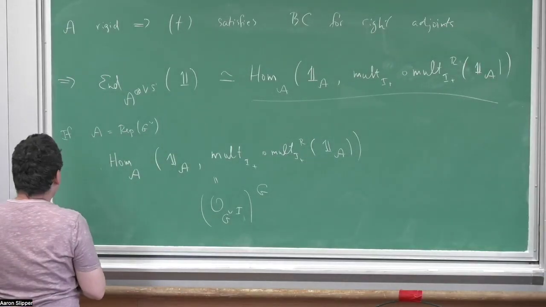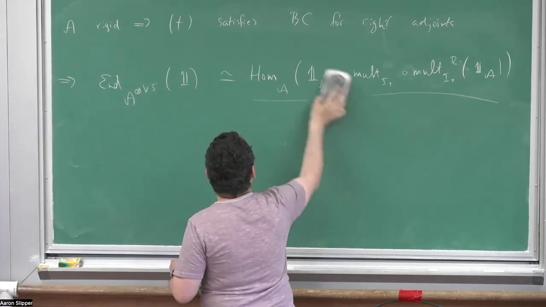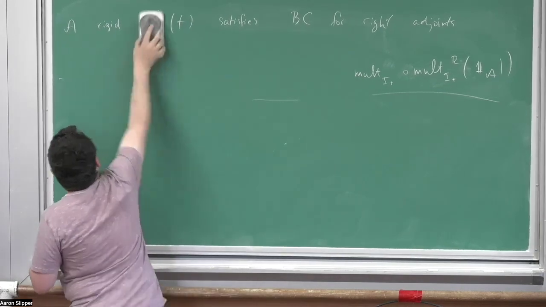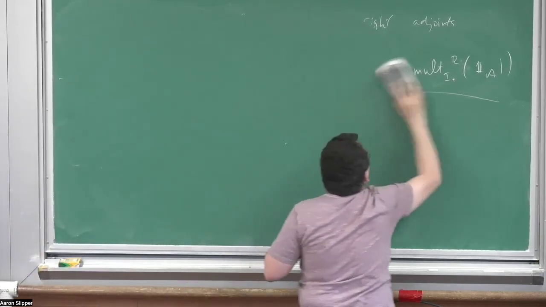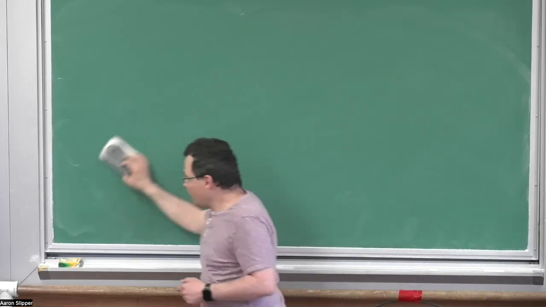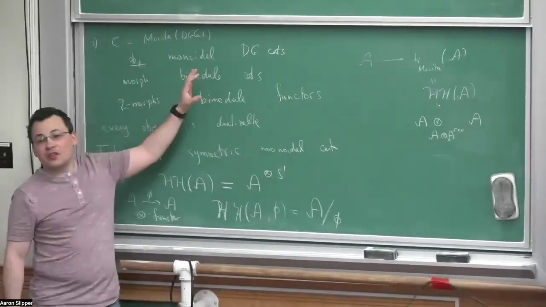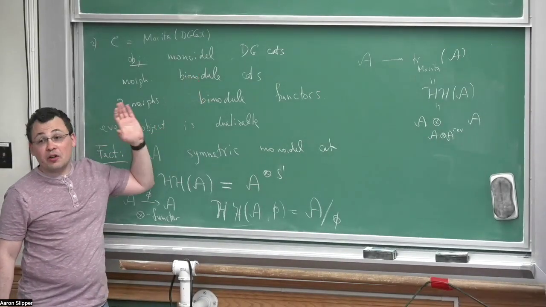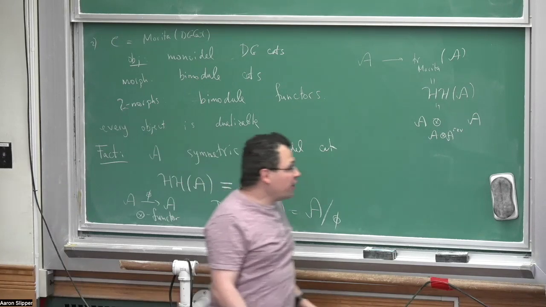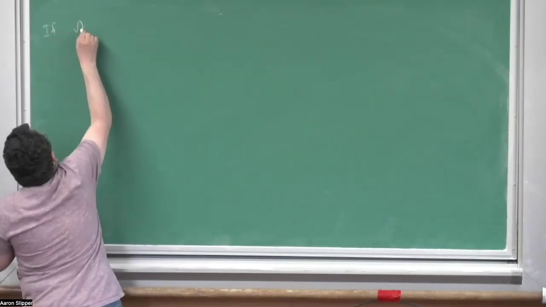What we'll be interested in, the whole game, since the main technical contribution of this paper is about relating this kind of trace to the previous kind of trace. So in the case that A is a rigid category. Suppose A is rigid.